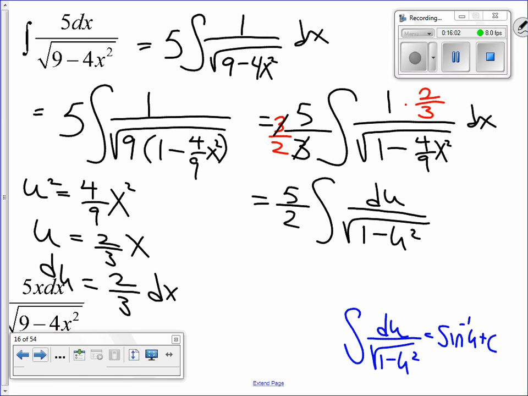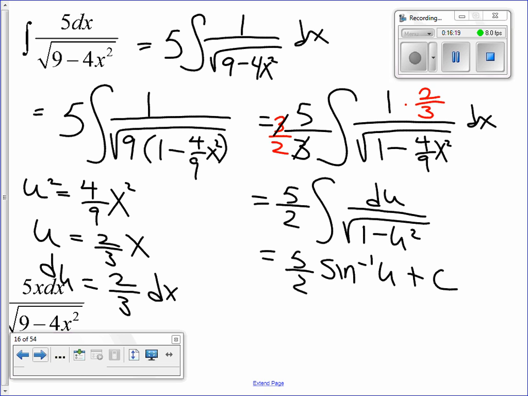Okay, so you remember what this antiderivative was equal to? Inverse sine of u. Okay, so right now we have 5/2 the inverse sine of u plus c. And then we just got to go back and put the 2/3 x in for u.